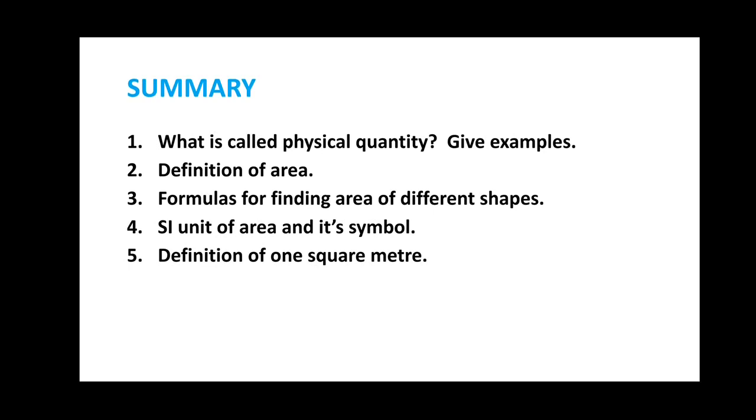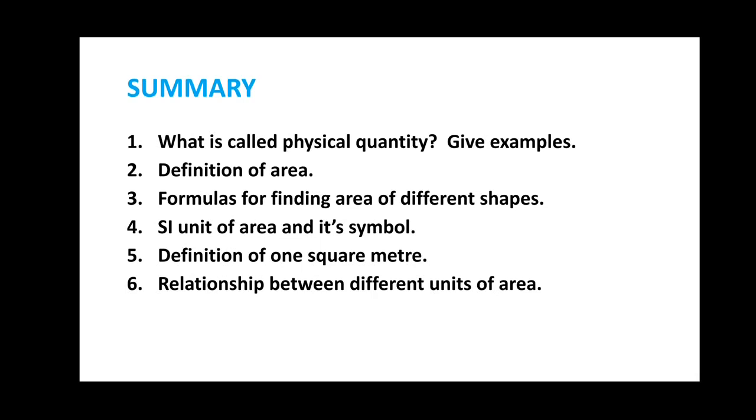Then we have learned the relationship between different units of area. We have learned 1 meter square is equal to 10 to the power of 4 centimeters square. Then we have learned 1 square decameter is equal to 100 meters square. 1 hectare is equal to 10,000 meters square. 1 kilometer square is equal to 10 lakh meters square.